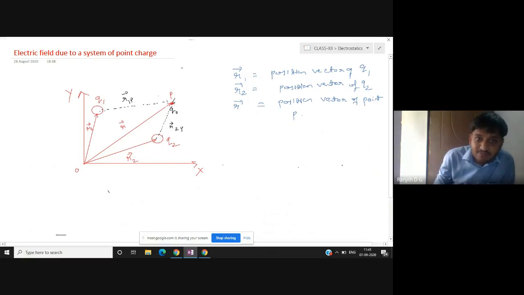Then I am taking a point P. At that point, I want to find out what the electric field is.